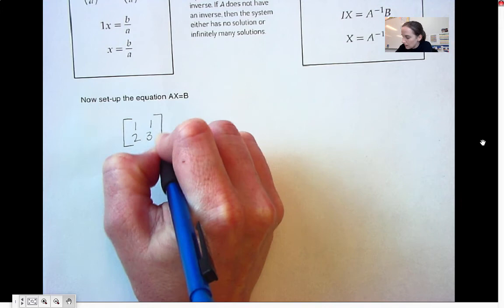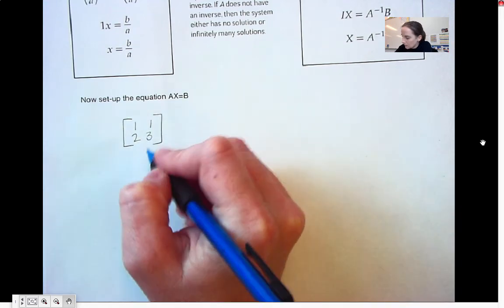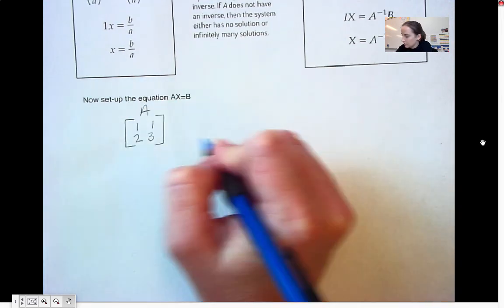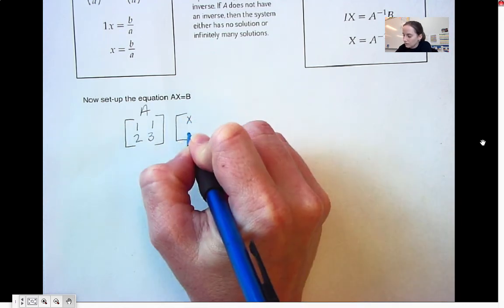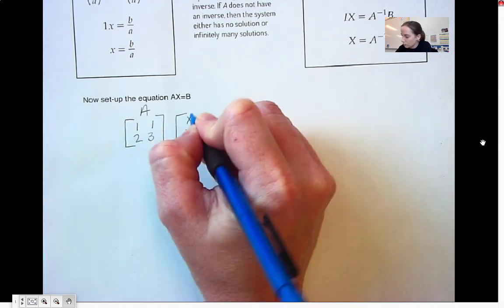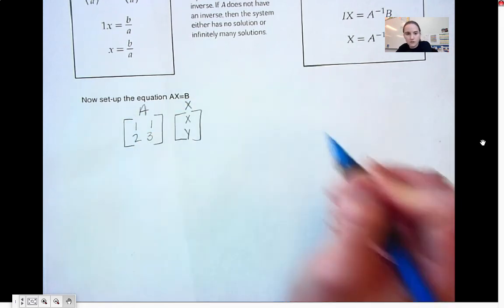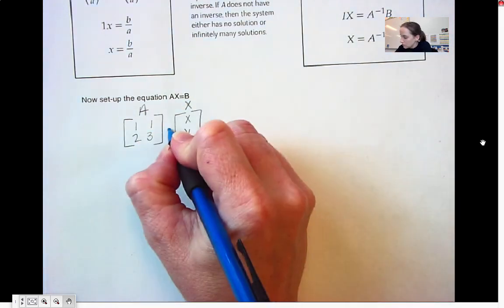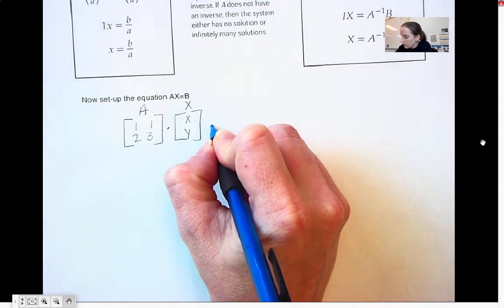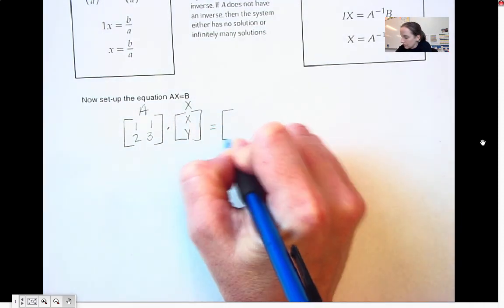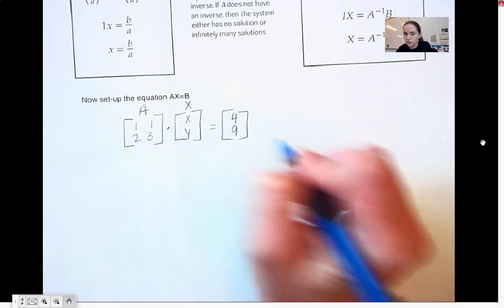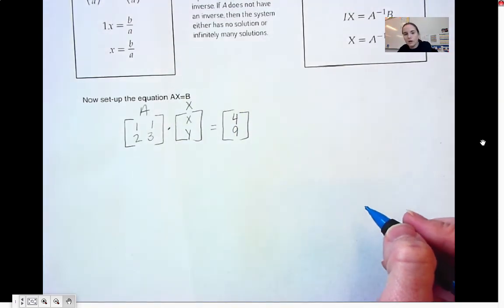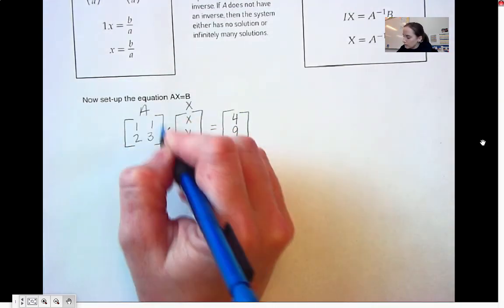That's matrix A. Times X, which is x, y there. This is the X matrix. So if I multiply those together, I'll get B, the 4 and the 9, the constant matrix. Now all I need to do is get rid of this.